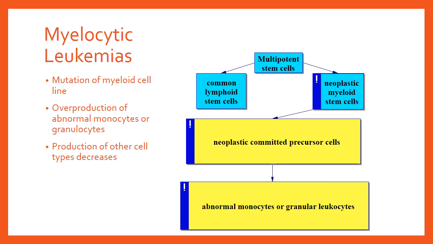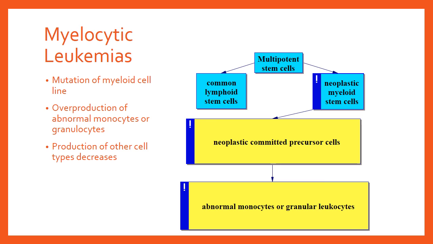Again, if we go back to the beginning of the lecture to see the maturational stages, this helps you understand how the myeloid stem cells become an abnormal monocyte or leukocyte.